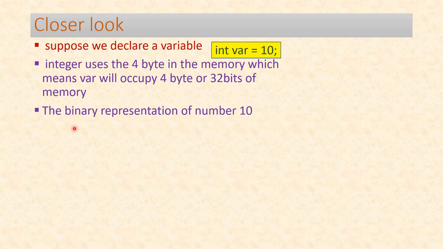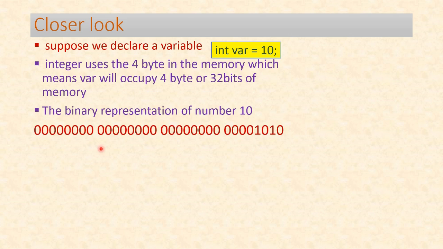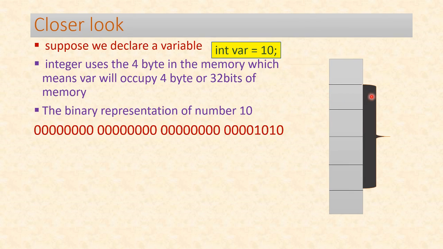So the binary representation of number 10 is this. It is a total of 32-bit binary representation for number 10. Let's understand it better with the help of this memory diagram.